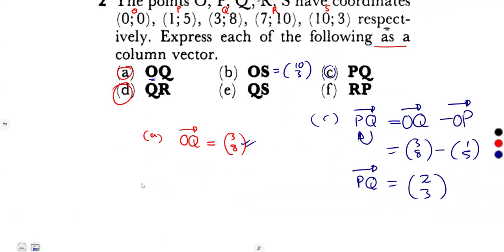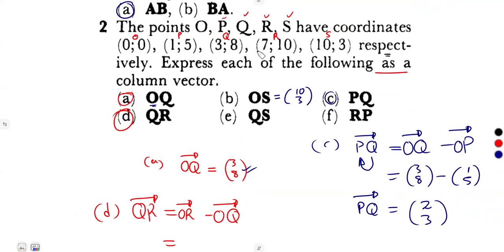Then another one, QR, which is on D. QR, the same, that's R minus Q, which is OR minus OQ. So OR is the point R from the origin, 7, 10, minus OQ, which is 3, 8.